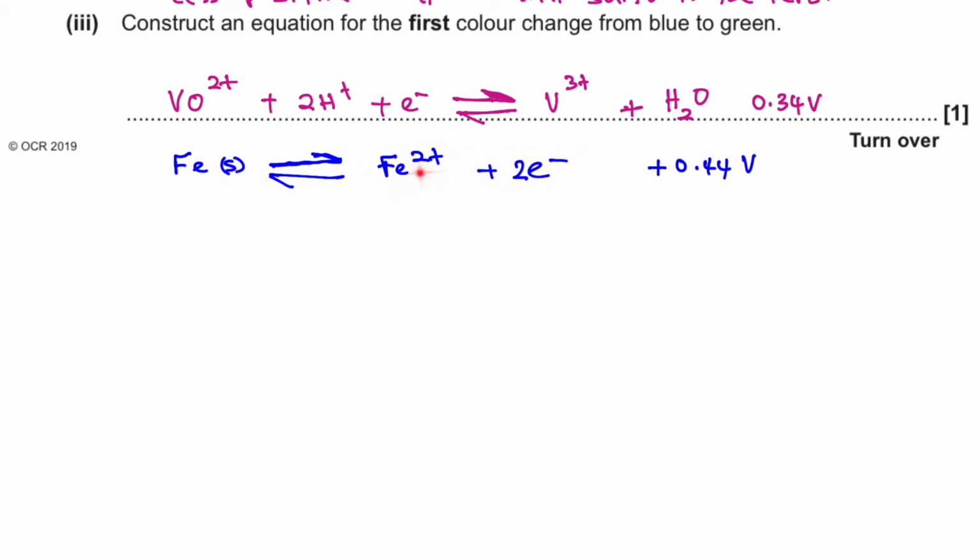So all we now need to do is to balance the number of electrons. So the electron here is 2 minus. That has to be 2 minus as well. We have to multiply everything by 2 to make the electrons balance. So now I've multiplied everything by 2, which means that 2 will balance with that 2. So this is one half equation. That's the other half equation. So what we now need to do is add them together and complete the equation.